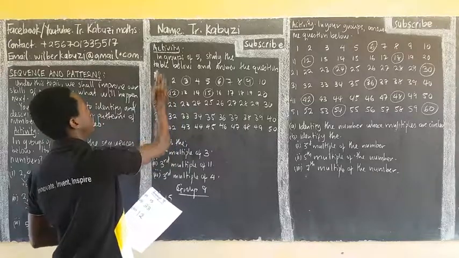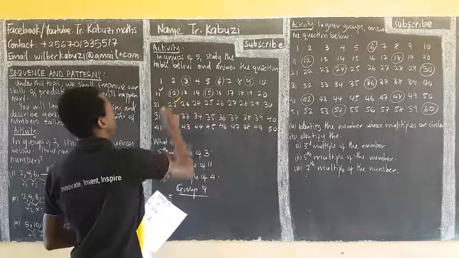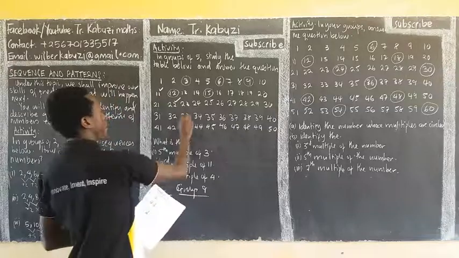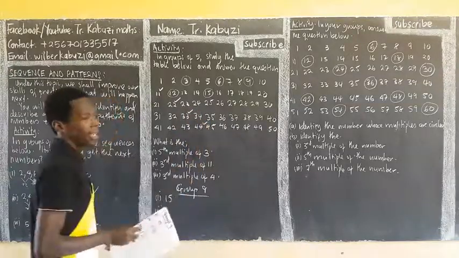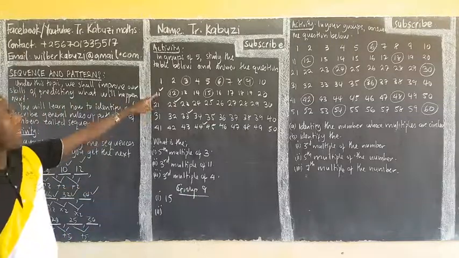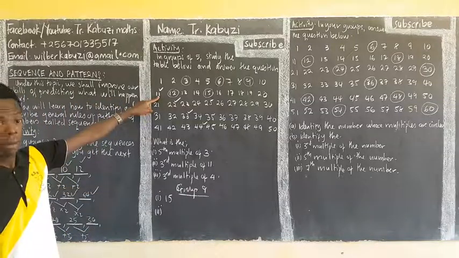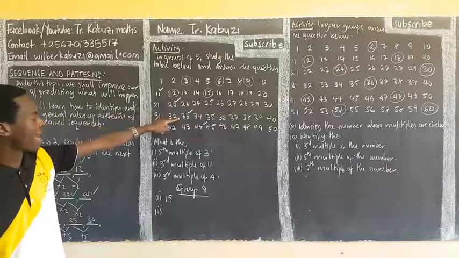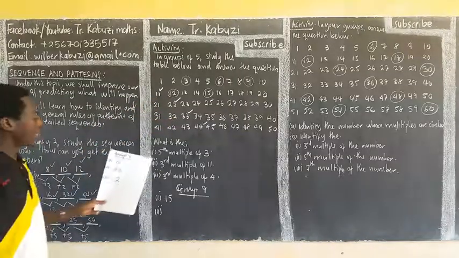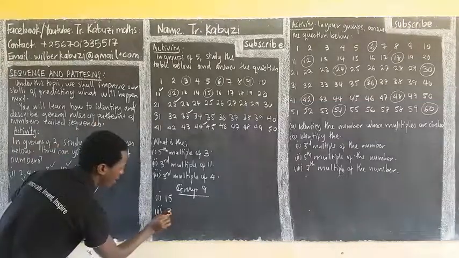The next is 22. Which one is the third? The first, second, third. And they want the third. That's why they are having 33.